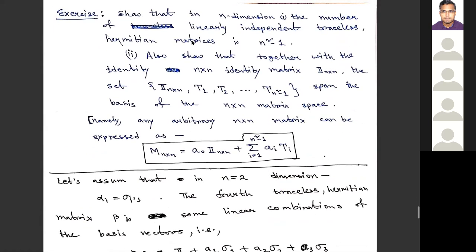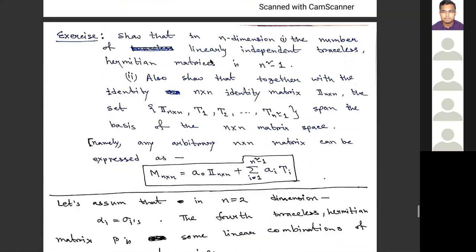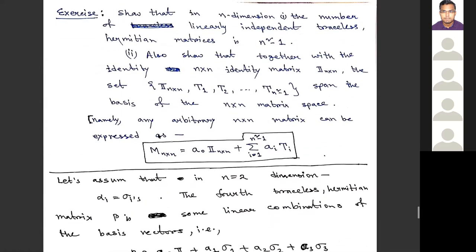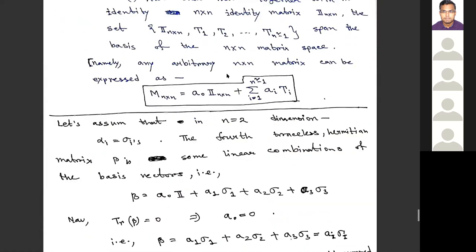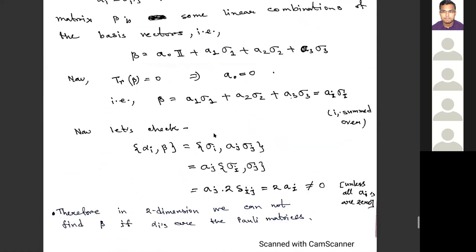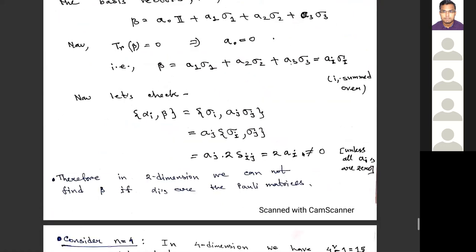It's a very powerful formula, and it is true for a general n by n matrix, but you should do this exercise. I did it here. This alpha i beta anti-commutation is just twice AI, and it's not 0. It will be 0 only if all of your AIs are 0.